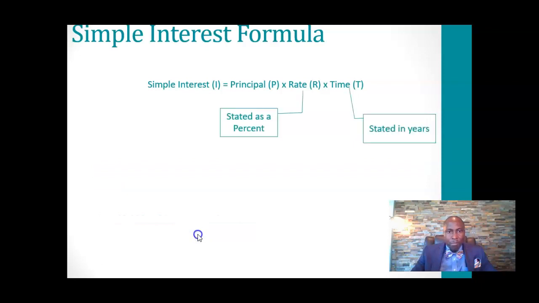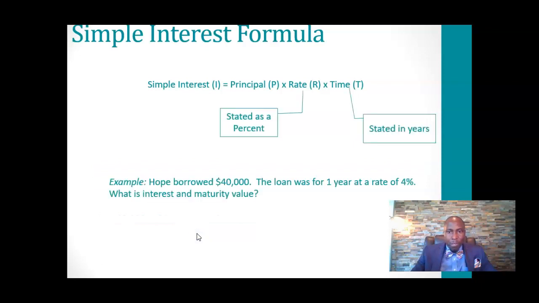Let's try another one. Hope borrowed 40,000. This time the loan is for 1 year at a rate of 4%. Because the loan is for 1 year, the time factor will just be 1 for one full year, or you can say 12 out of 12 months, which is also equal to 1.